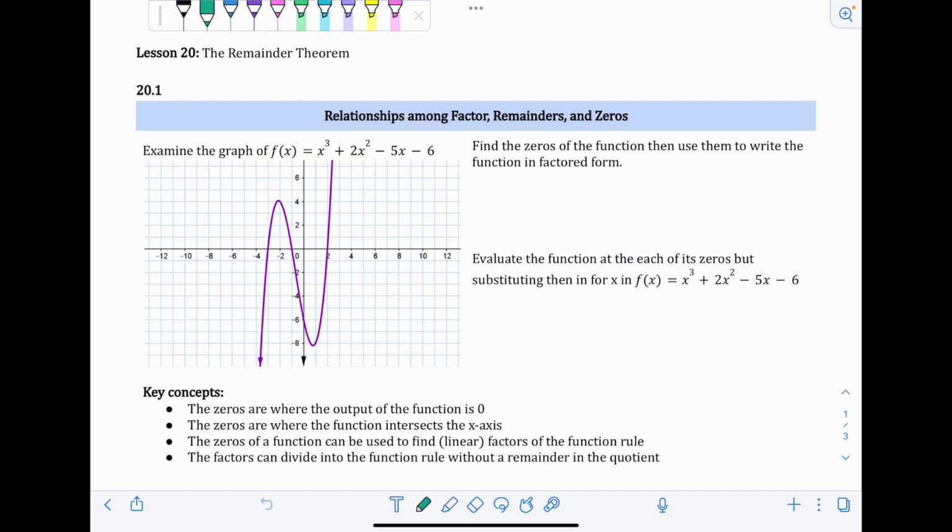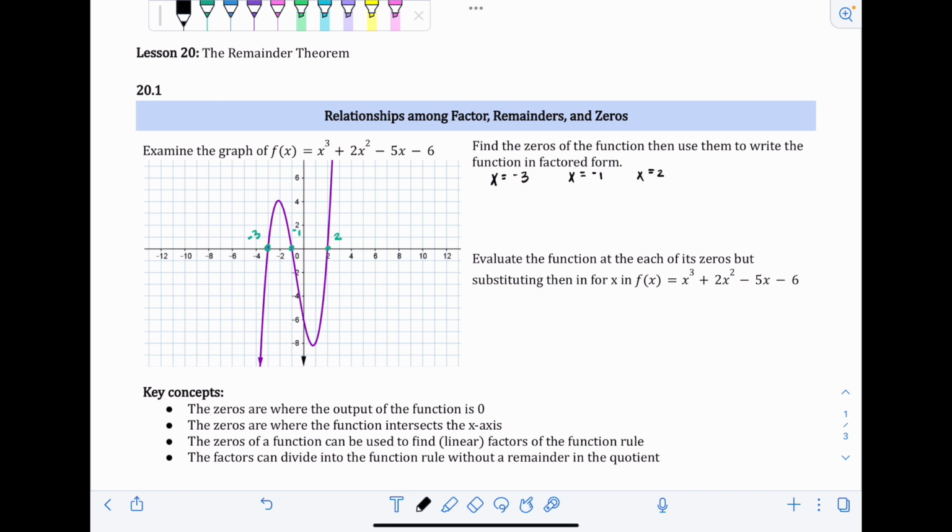So for the zeros, it looks like at -3 right there, at -1 right there, and then at 2 over there. So we'll say our zeros are x equals -3, x equals -1, x equals 2.